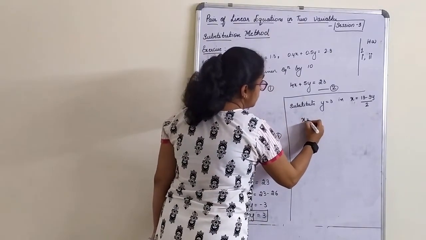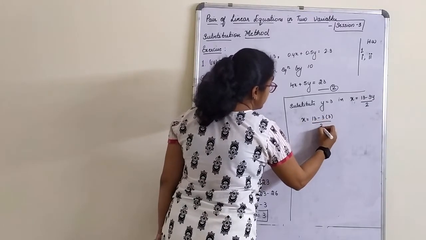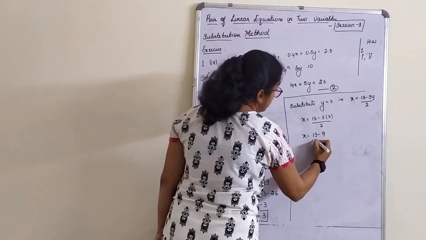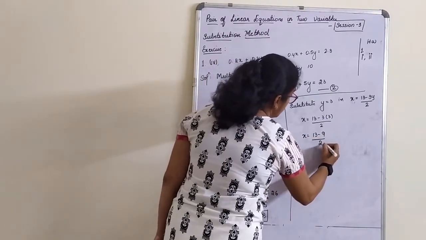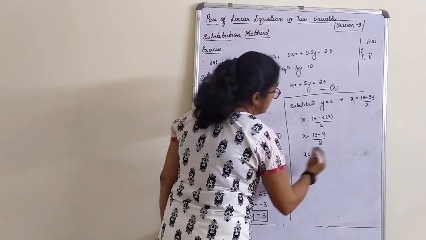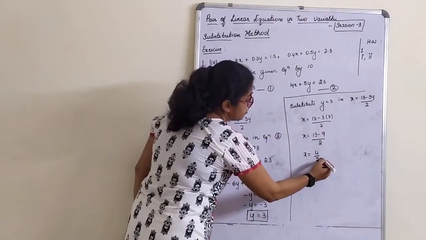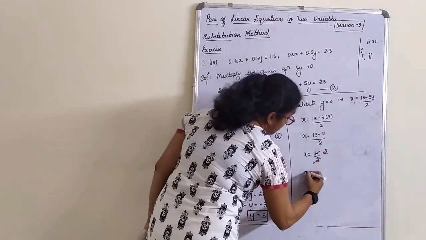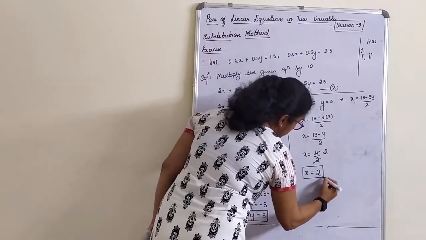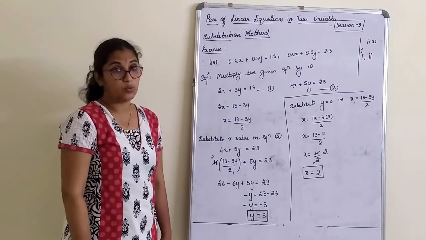So x is equal to 13 minus 3 into 3 divided by 2. x is equal to 13 minus 9 divided by 2. 13 minus 9 will be 4. 4 divided by 2: 2 ones are 2, 2 twos are 4, so x is equal to 2. So what's the value now? y is equal to 3 and x is equal to 2.